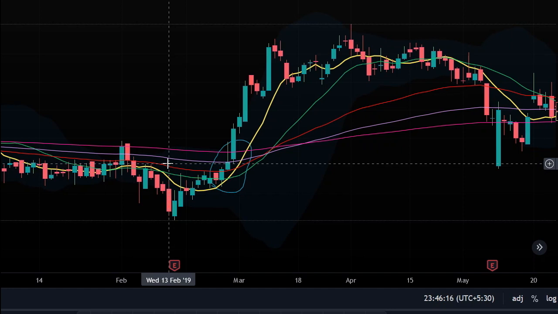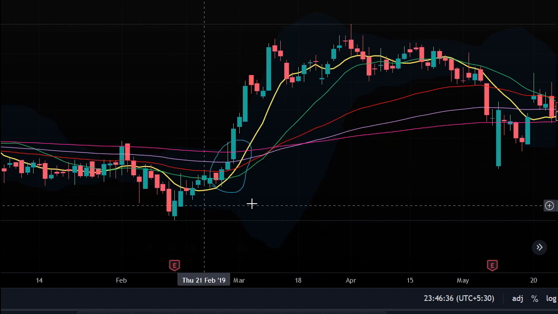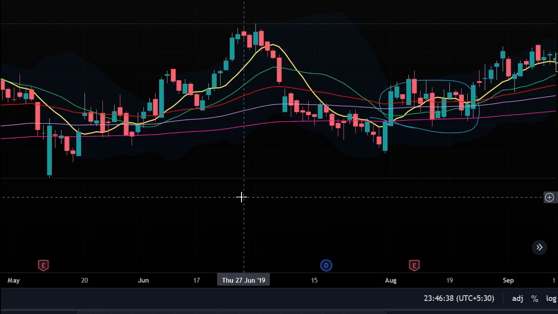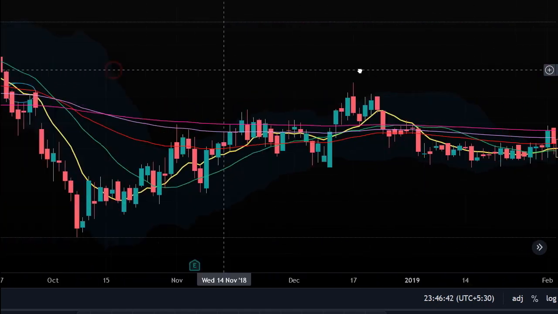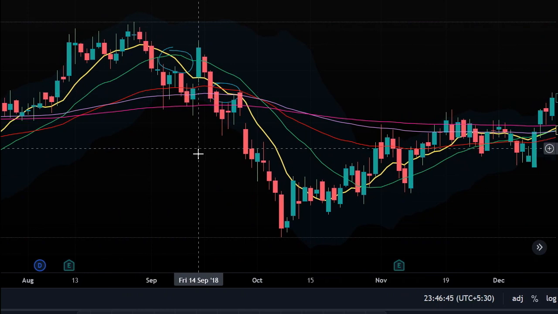Well, there is another thing you should consider before taking the trade. But moving averages are very strong, and they can easily show you the overall trend of a particular stock in just one view.